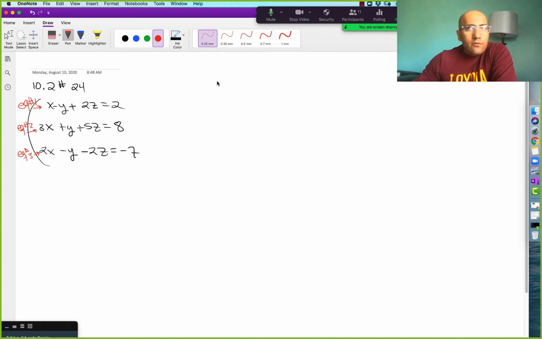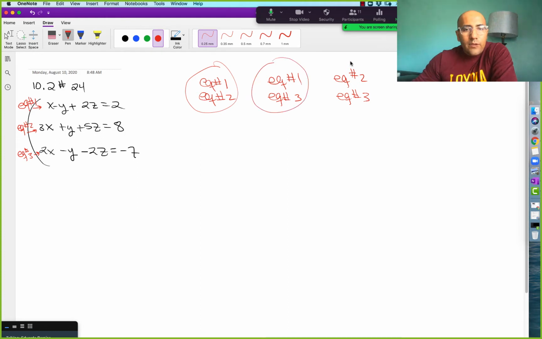There are three groupings we can do. Equation 1 and equation 2. We could do equation 1 and equation 3. Or we could do equation 2 and equation number 3. Right, so these are the three groupings that we could do.